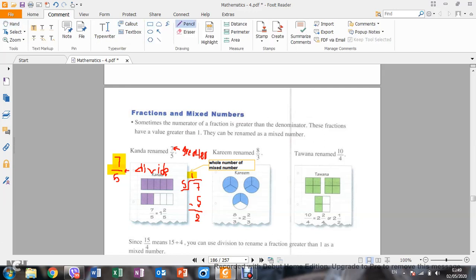I'll write 1 here when I rename it. After I wrote my whole number, I need to write our fraction next to this whole number.